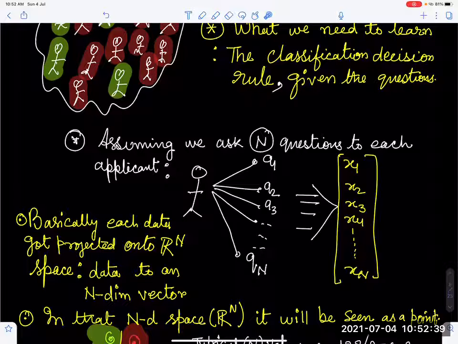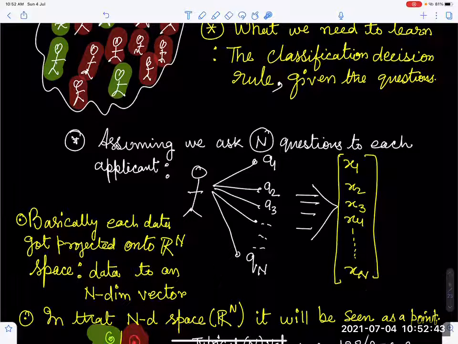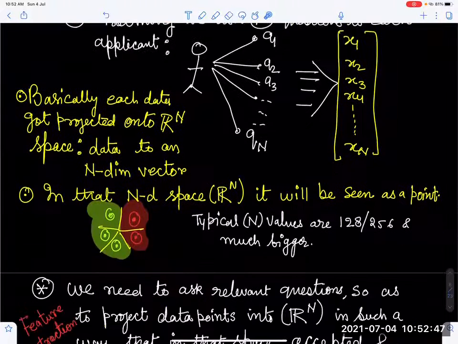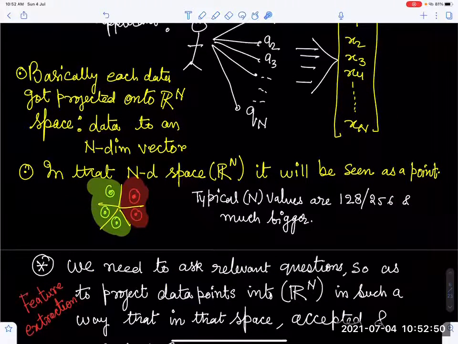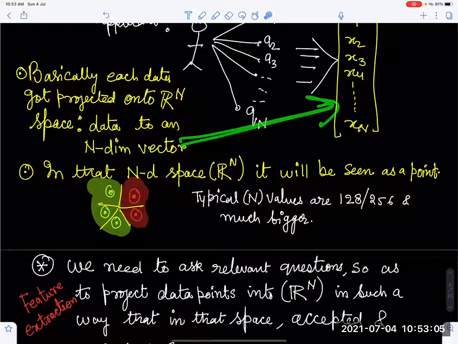If I plot this point x1 to xn in an n-dimensional space, you are going to get a single point there. Fine. Basically, each and every data item that we have is projected into that n-dimensional space, and your data now becomes an n-dimensional vector.